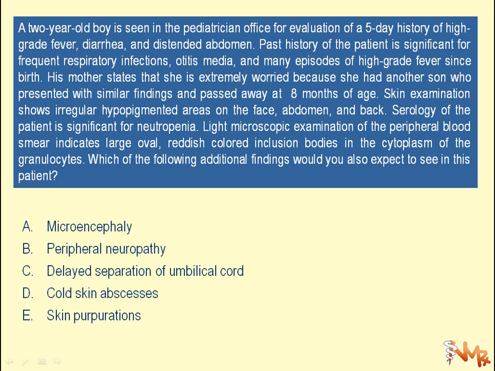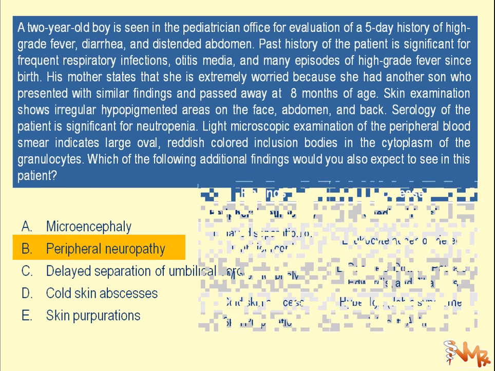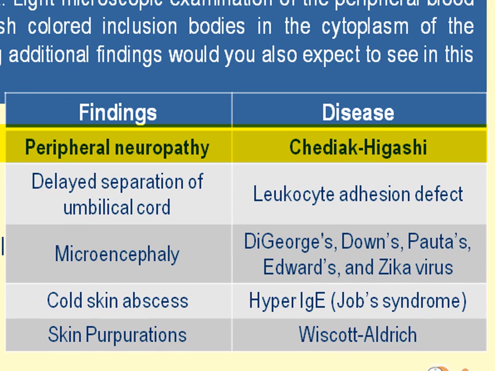The question asks you, would you expect macrocephaly, peripheral neuropathy, delayed separation of the umbilical cord, cold skin abscesses, or skin perforations? Of course, skin perforations reminds you of Wiskott-Aldrich that we just covered, so that is most likely not our correct answer. The correct answer in this case is peripheral neuropathy, and the patient has Chediak-Higashi syndrome.